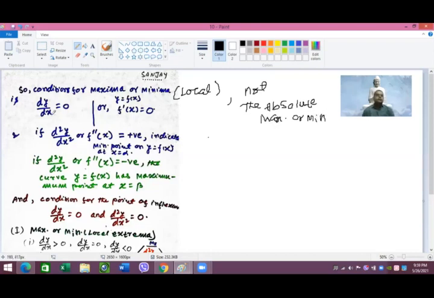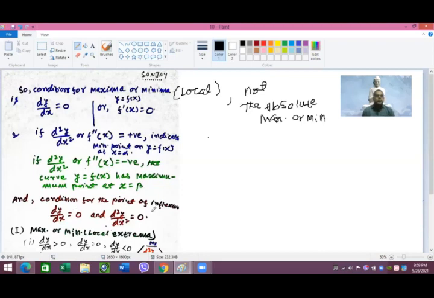So the first condition and the common condition for maximum and minimum is dy by dx equals to 0, or you can say f dash x, that is the first order derivative, is 0. And if the second order derivative is positive, then it indicates the minimum point on the curve y equal to f(x) at some value of x equals to alpha. And if the second order derivative, that is f double dash x, is negative, that means the curve has a maximum point at some value of x equals to beta.